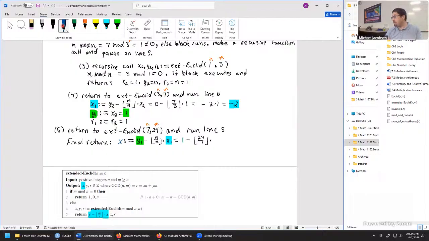Times the x1 value, which is -2. So this finally becomes equal to 1 minus 3, that's the floor, times -2. And that will come out as a 7 altogether. So our final return, 1/3 of the way done.